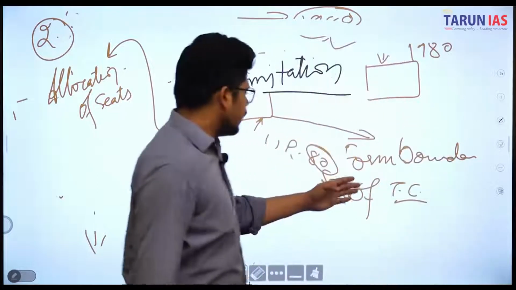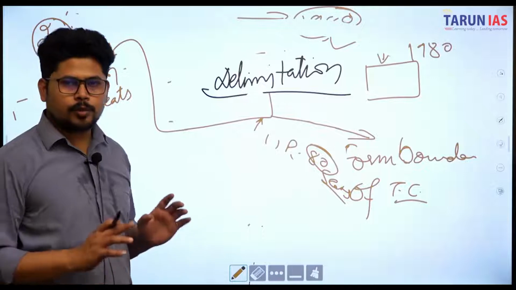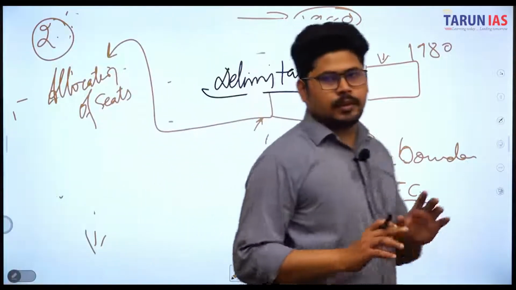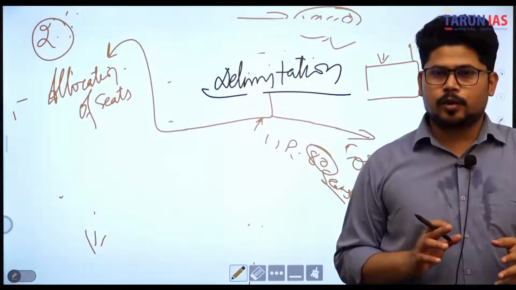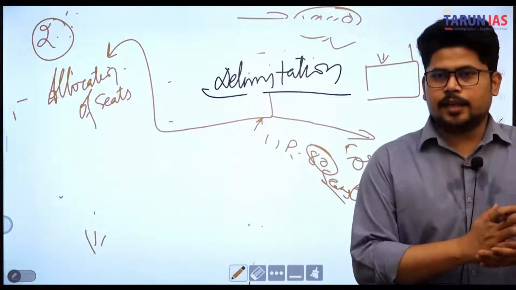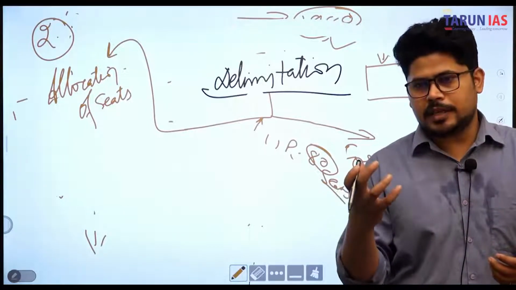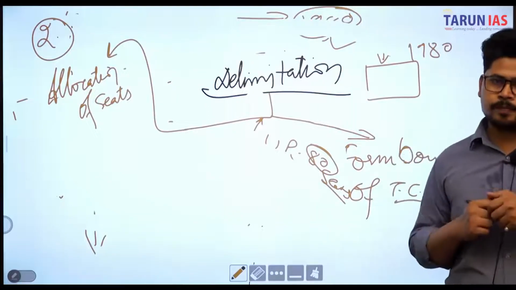The second is forming boundary of the territorial constituency. So I hope you understood that there is a limitation as to how delimitation can be done. Okay, to make the ratio constant for every seat, we need to allot the same number of people in all the states and in all the territorial constituencies also.